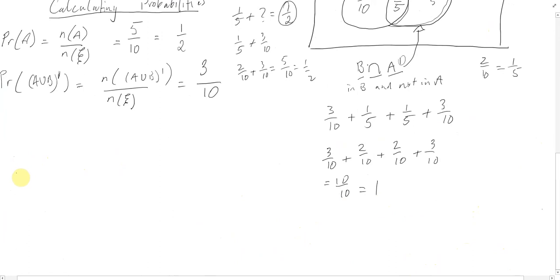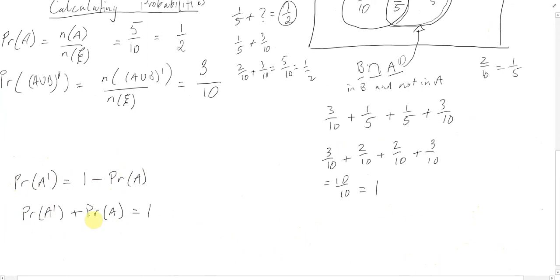So this leads us to a very important result, which is to say that the probability of the complement of A, so the probability of not getting an A, is 1 minus the probability of getting something in event A. Another way to write this is, if you add the probability of the complement, not getting A, to the probability of event A, you get 1.